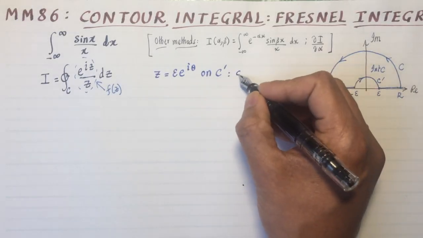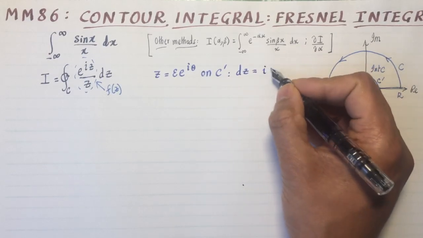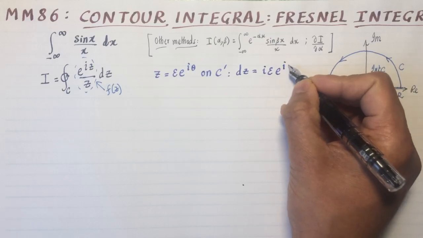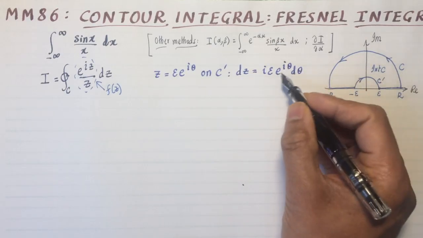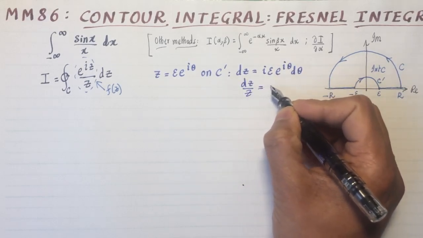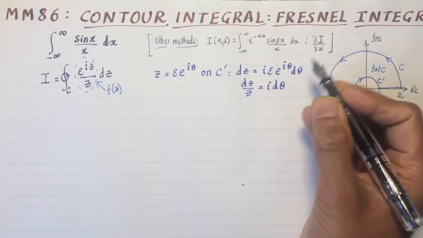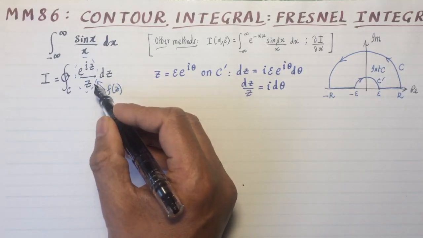So dz in this case is going to be i times epsilon e to the i theta d theta. But epsilon e to the i theta is just z again. So I can write this as dz by z equals i d theta. And that's really nice because I've gotten rid of that z.